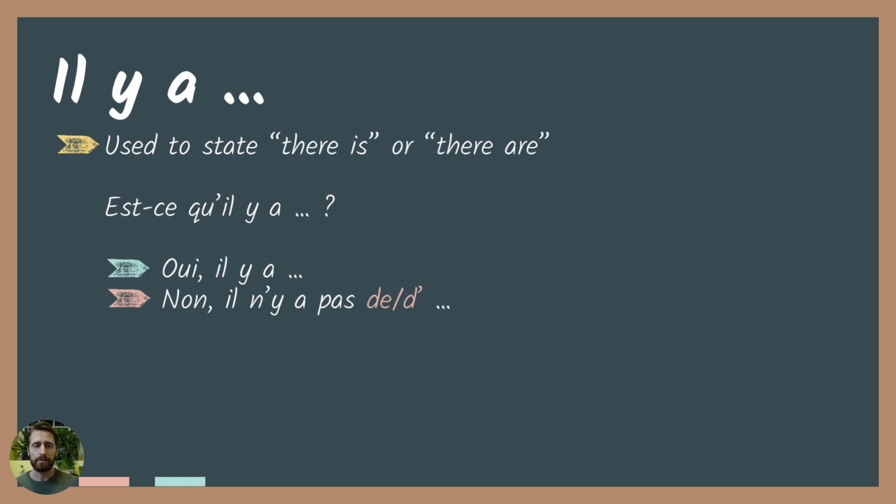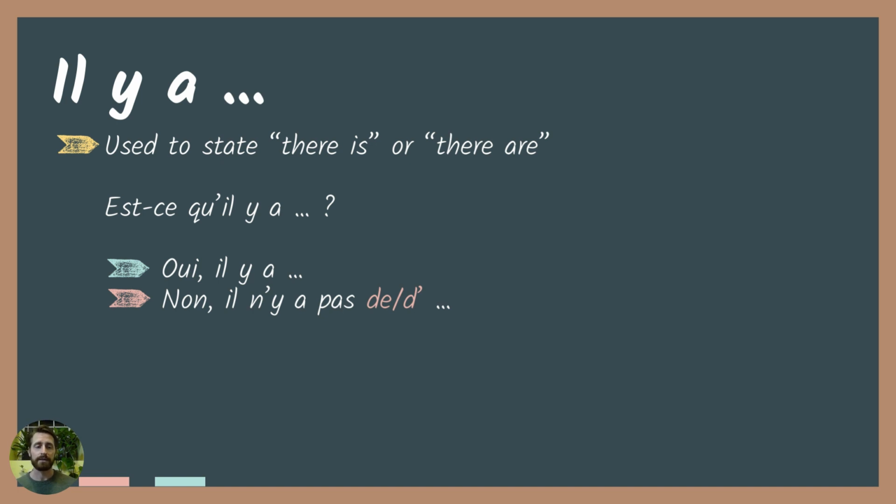Okay, now we have another phrase, il y a. This is a very useful phrase. Go ahead and practice pronouncing this with me. Il y a. Good. So this is used to state there is or there are.